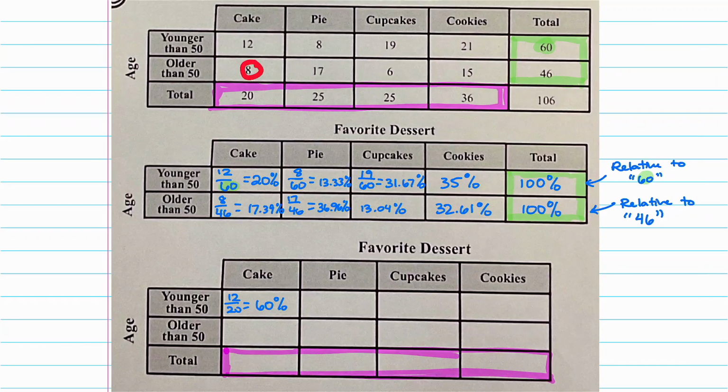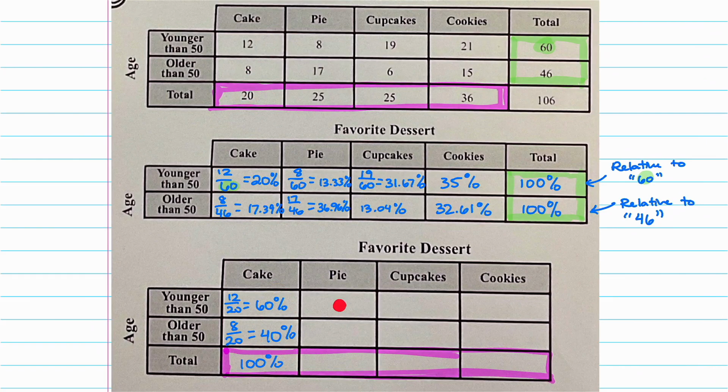This 8, remember, we're going down this way because my totals are down here. So 8 out of 20 is what I'm going to write. And when I hit enter and move the decimal 2 times, I get 40%. If I want my total, I get 100%, which makes sense. Remember, you could have done 20 out of 20. But a better check is to add them up and make sure that they're adding up to 100.